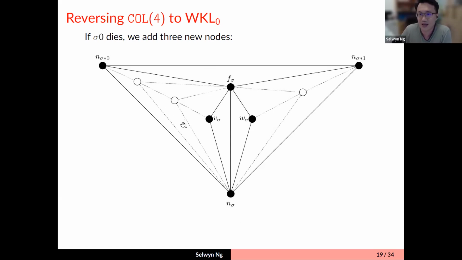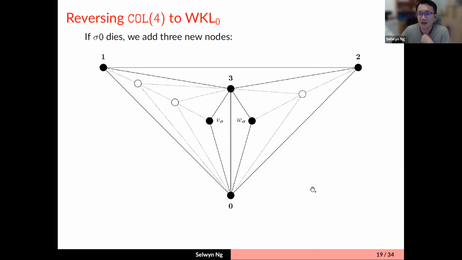And now it's easy to see that if you have any 4-color of the entire graph, then because we have a K4 here, here, here, and here, we have to fill in with the 4 colors, 0, 1, 2, and 3. And then for this white node over here that connects to 2, again, for similar reasons, it has to be colored with the remaining color 1.